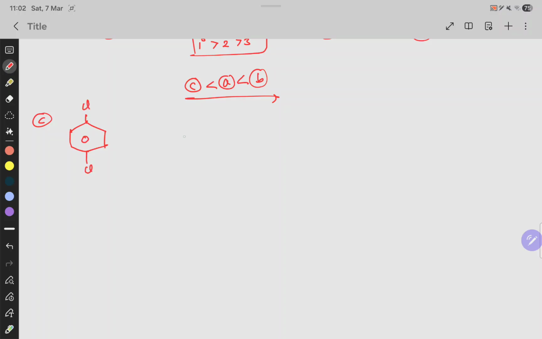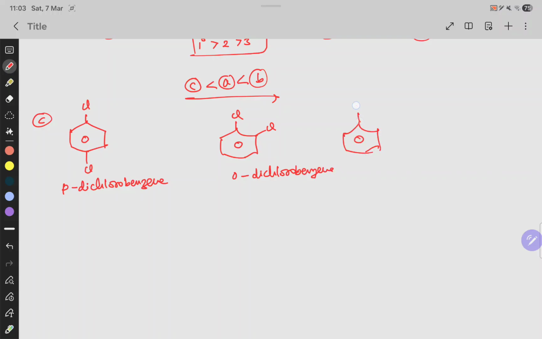This will be the para dichlorobenzene, and here Cl, here Cl, this is ortho dichlorobenzene, and meta is like this, meta dichlorobenzene.